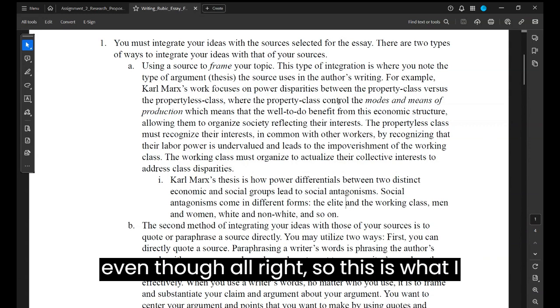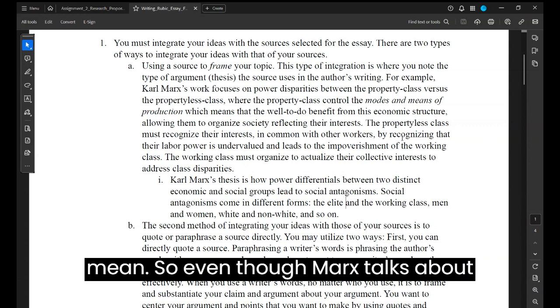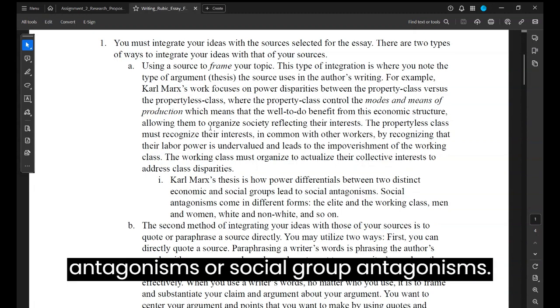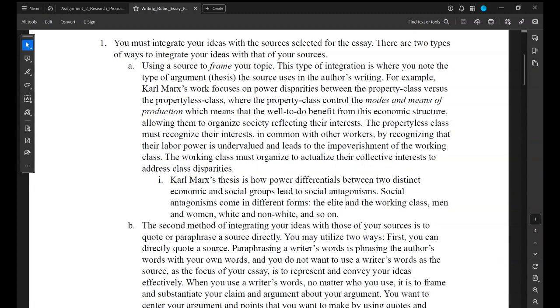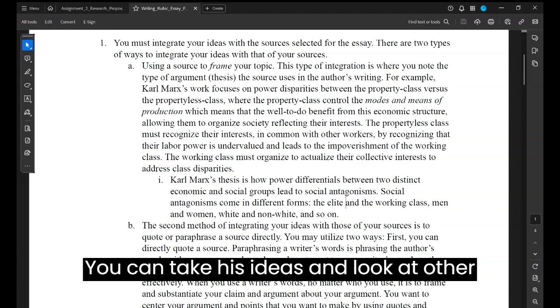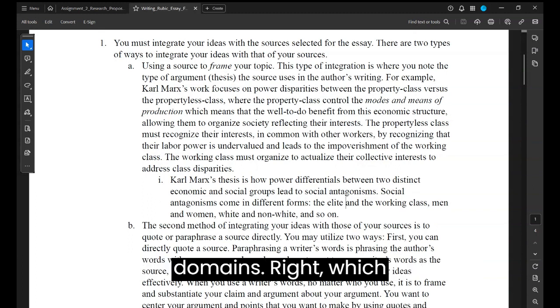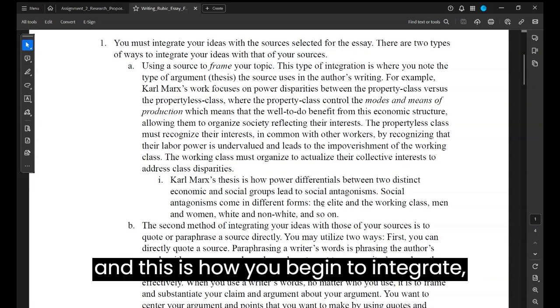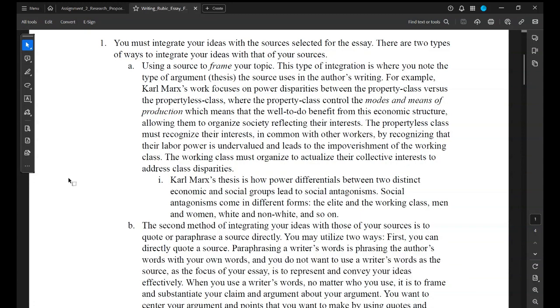So even though Marx talks about economic disparities and class antagonisms or social group antagonisms, you can take his ideas and look at other domains, right? Which is gendered and racial and ethnicity. So then this is how you summarize and this is how you begin to integrate, right?